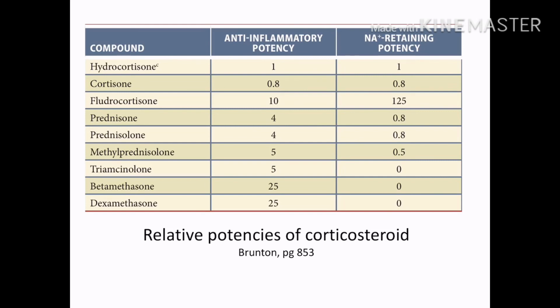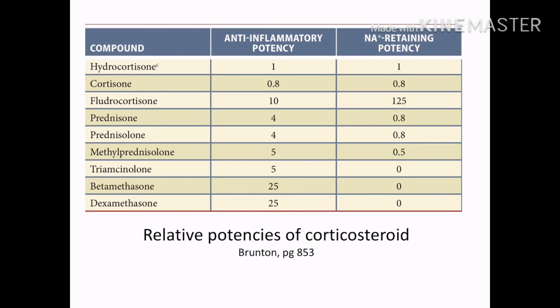As you can see from this table, fludrocortisone has the highest amount of sodium retaining or mineralocorticoid property. At the same time, it has very little glucocorticoid potency. So if we need an exogenous corticosteroid only for its mineralocorticoid activity, the answer should be fludrocortisone. So fludrocortisone is the drug of choice in any patient who is suffering from mineralocorticoid deficiency.